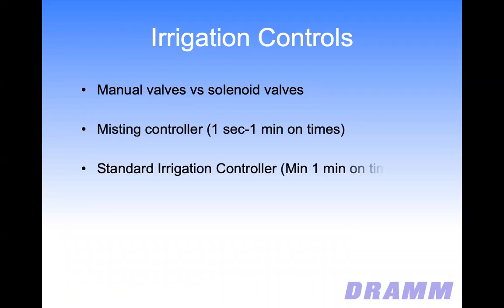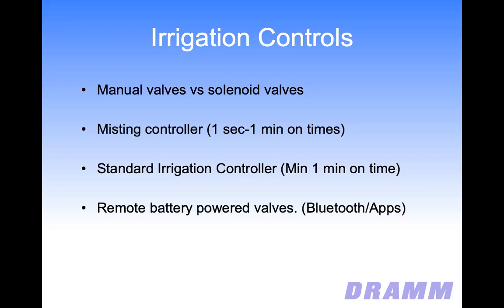Misting controllers versus standard irrigation controllers. The big difference between those is that a misting controller has the ability to run for a minimum on time of 1 second. The standard irrigation controllers only have the capacity to run for a minimum of 1 minute at a time. And so when you are working with young plants, we're typically misting on for 2 to 5 seconds. So we need that controller to have that capacity.